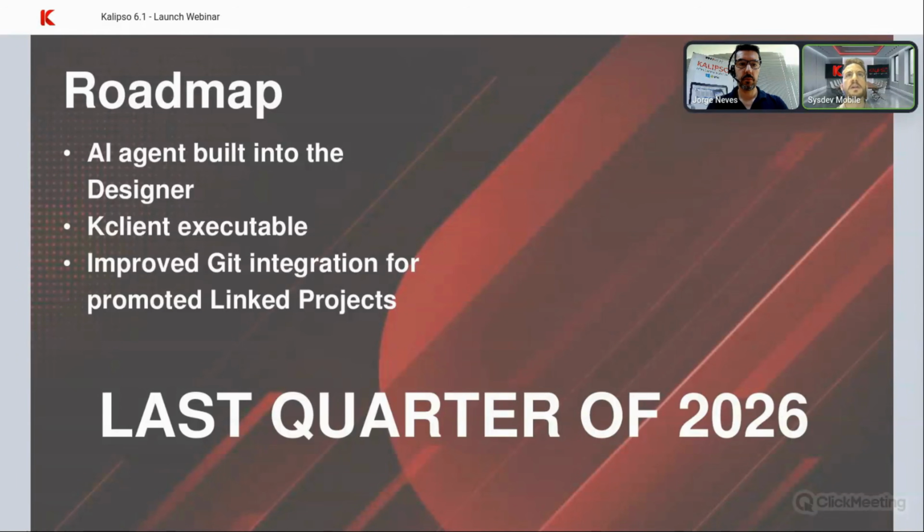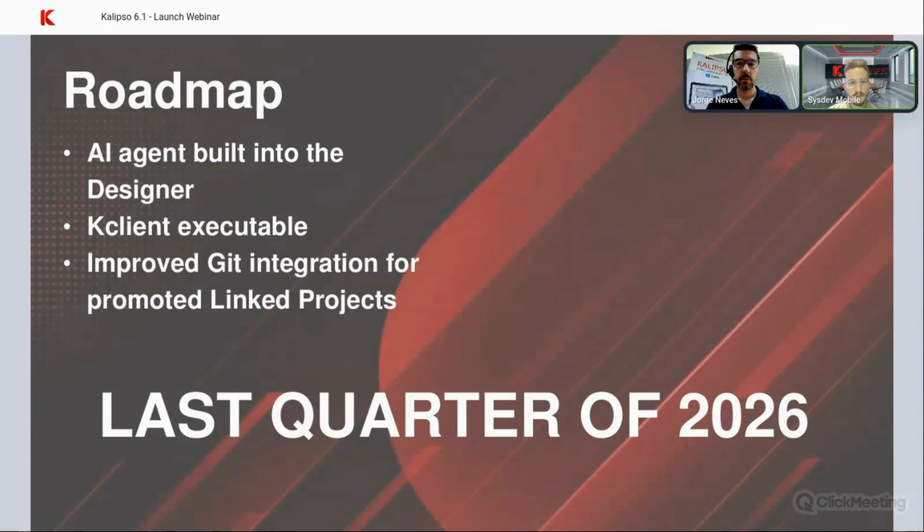We are also working on a new K client executable to replace the current APPX. And finally, we will also provide better Git integration for promoted linked projects so that all operations will become available. We expect to launch version 6.2 during the last quarter of 2026. Okay?